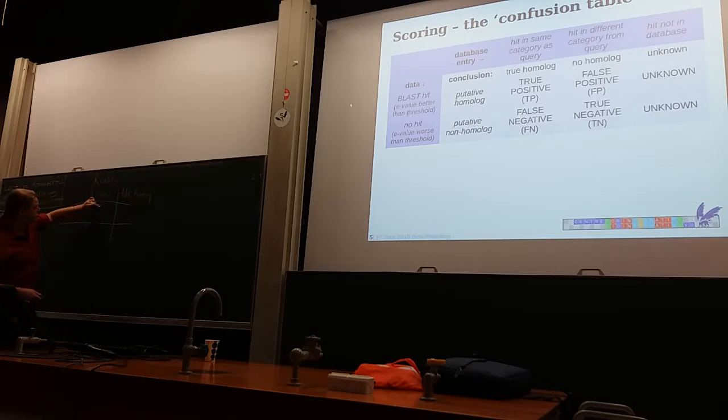And here we have our true positives, here we have our true negatives. And again, this is a positive prediction, but you're wrong, so this is a false positive. And this is a negative prediction, still wrong, false negative.